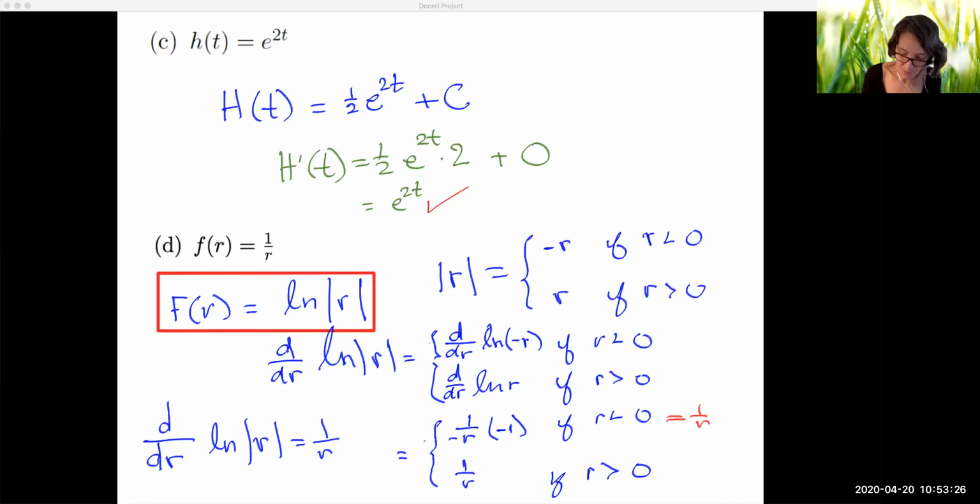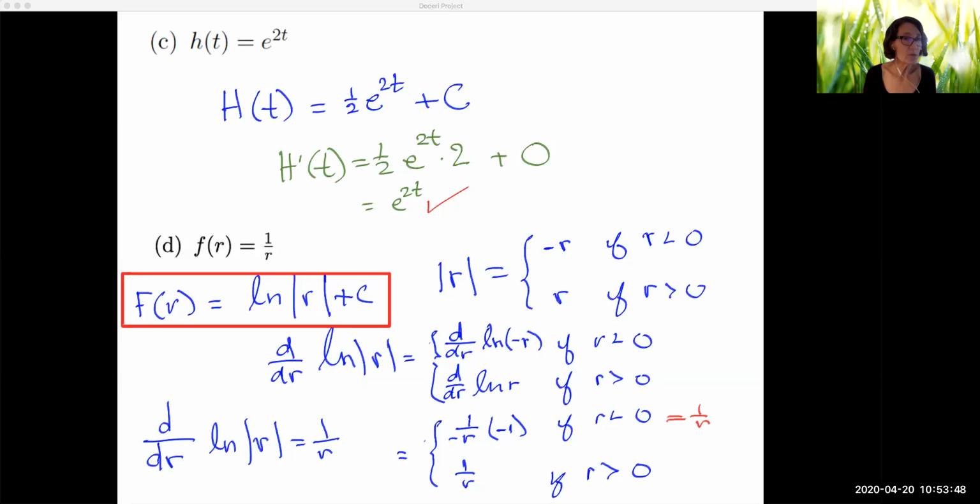So my answer, I should have had a plus C. My answer for the antiderivative was correct. The antiderivative of 1 over R is the natural log of the absolute value of R plus an arbitrary constant.